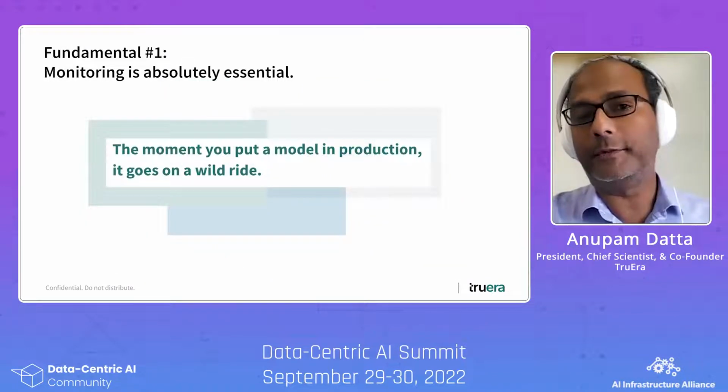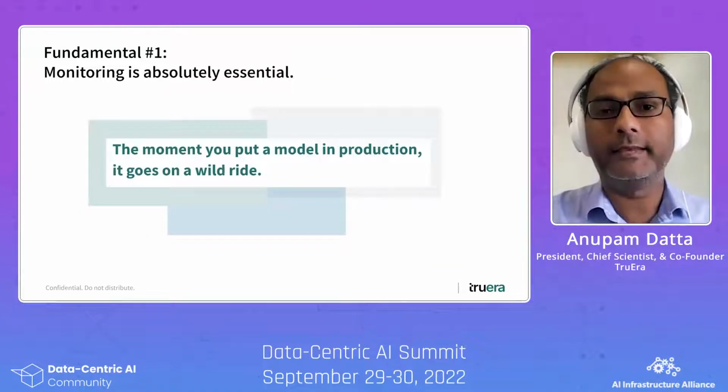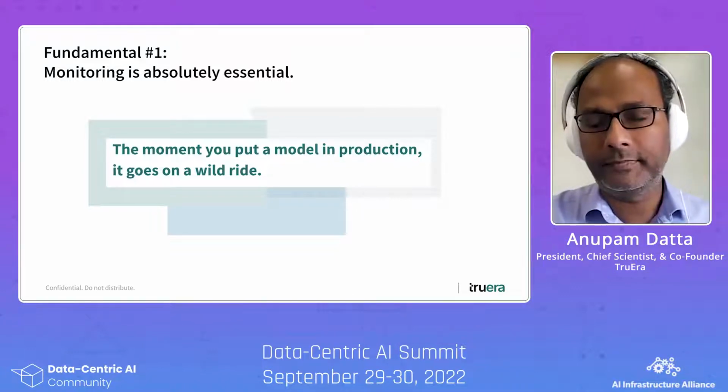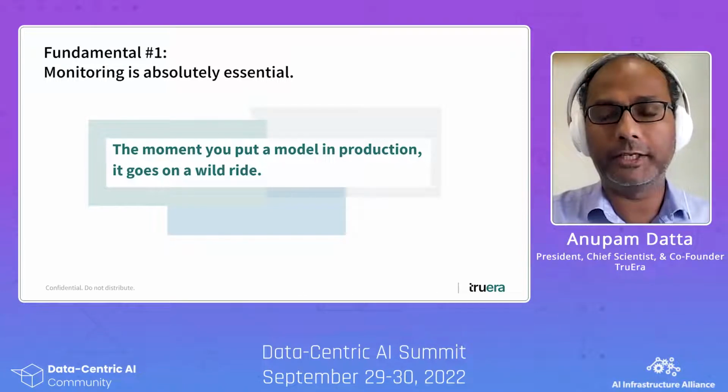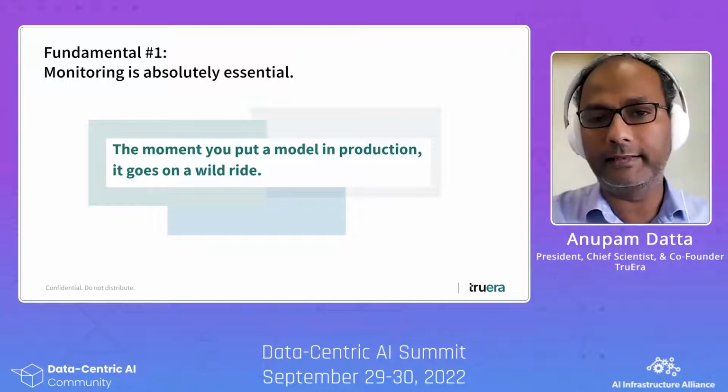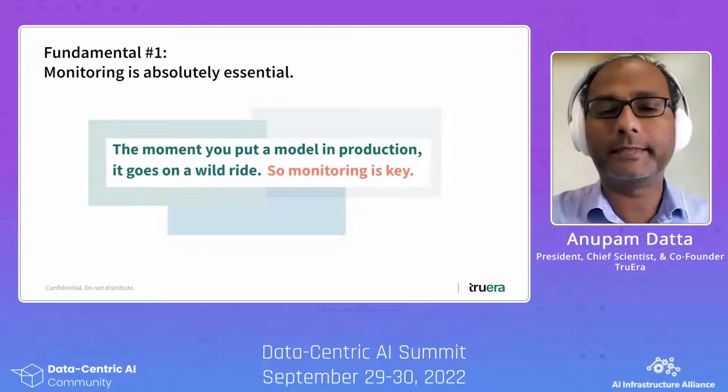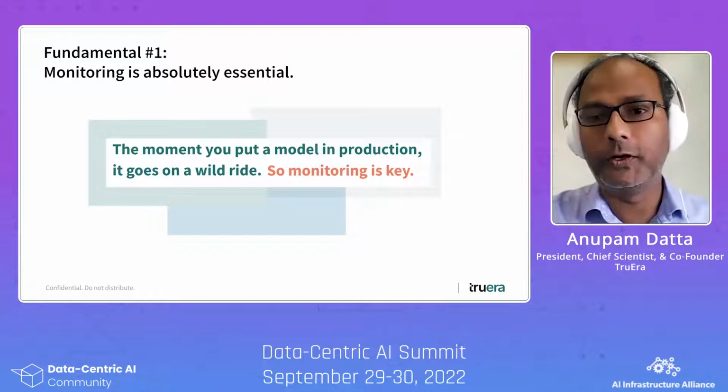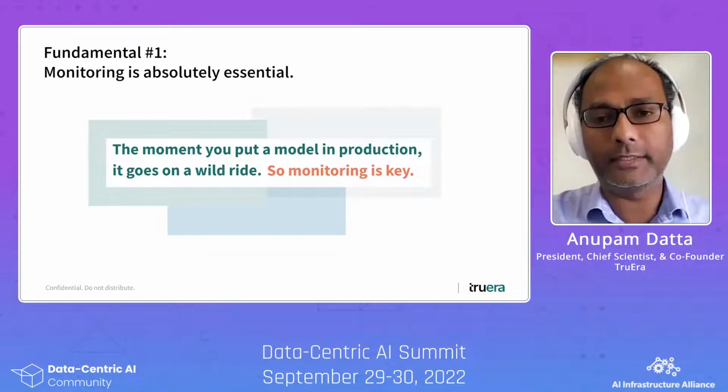So fundamental number one is monitoring is absolutely essential. The moment you put a model in production, it goes on a wild ride, and monitoring is absolutely essential to ensure that your models continue to deliver value and continue to perform well.